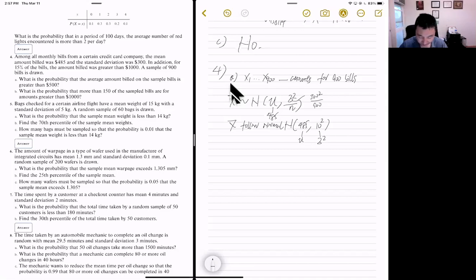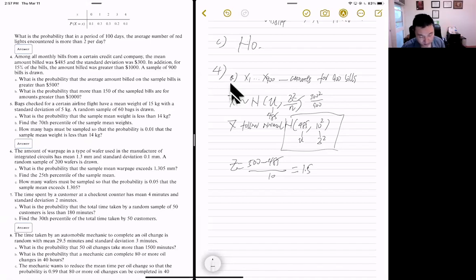All right, so after we figure that out, then we use the Z table. Greater than 500, calculate Z score. 500 minus mu, 485, over sigma. Sigma is 10. Okay, Z score is 1.5.